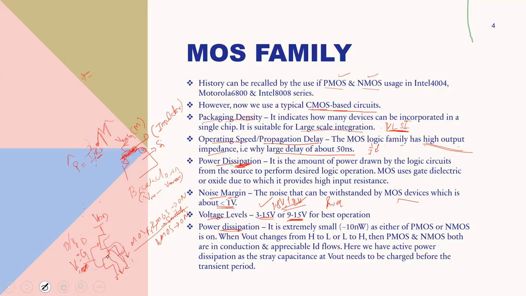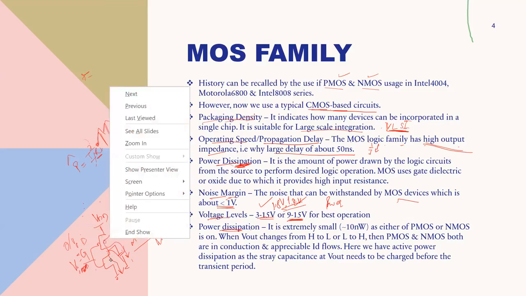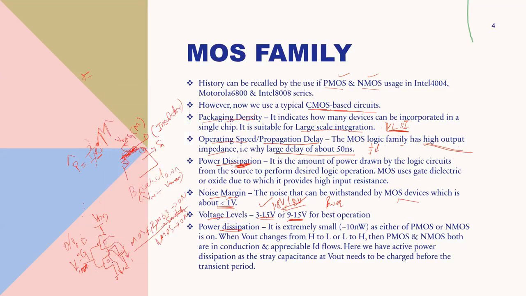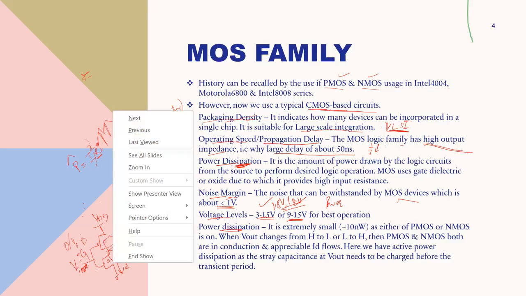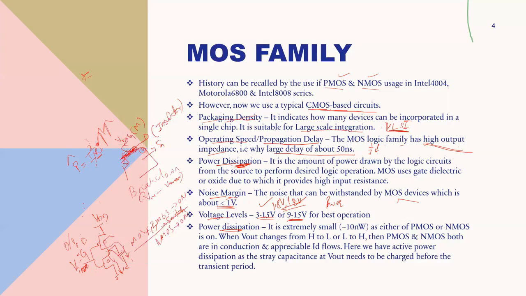And momentarily, what happens when one is trying to become off? Let's say PMOS was on and NMOS was off, but now I'm trying to switch. I'm trying to make my NMOS on. So momentarily the time will come where both will be on together, for a very delta amount of time. At that time, what will happen?